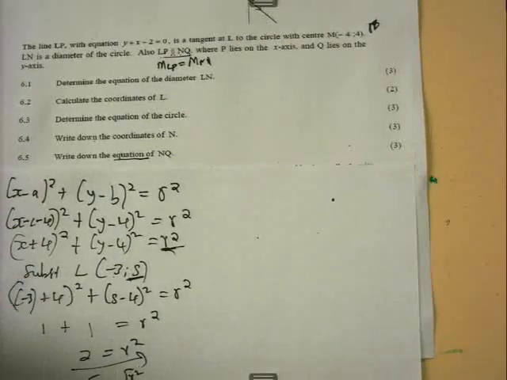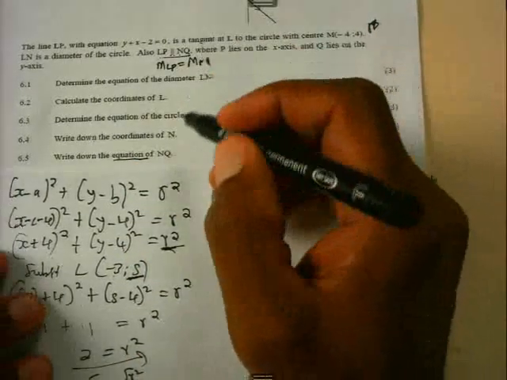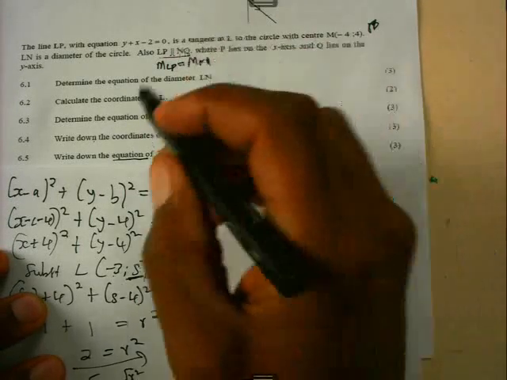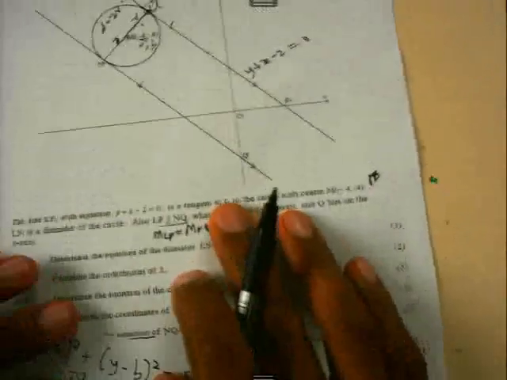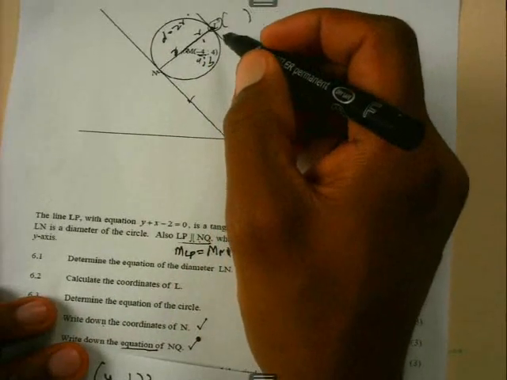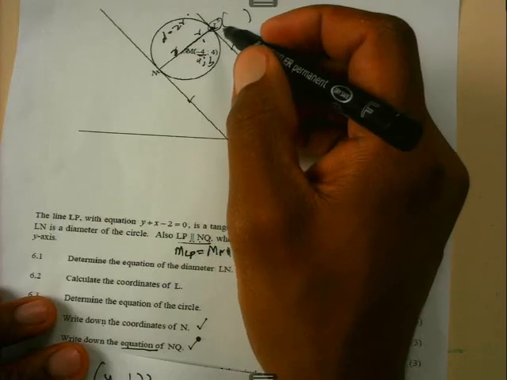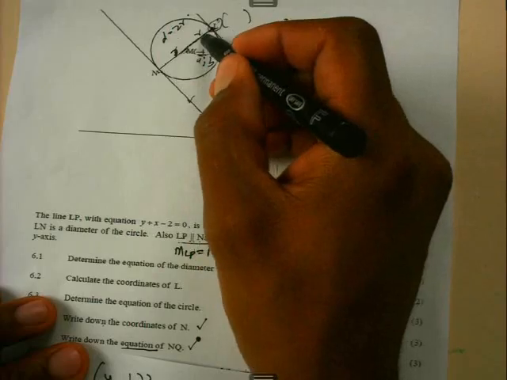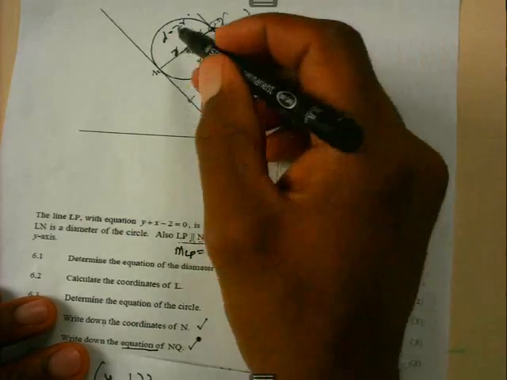Right. Boys and girls, you can just see, once you are able to have this, the equation of a straight line, of course, is the grade 11's work. The coordinates of N, of course, if you understand the midpoint, then it will be easier for you to solve this one. Because you need to understand that the diameter is R1 plus R2, which is 2R.